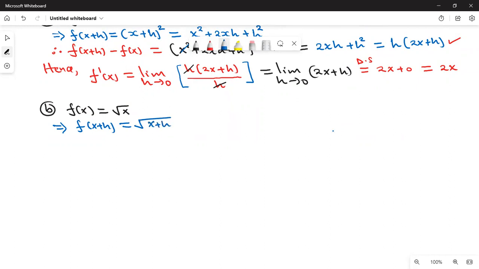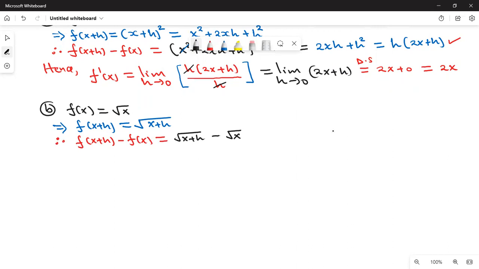So we now need to subtract the two, f of x plus h minus f of x. So you can say therefore f of x plus h minus f of x, that is the same as the square root of x plus h minus the square root of x.